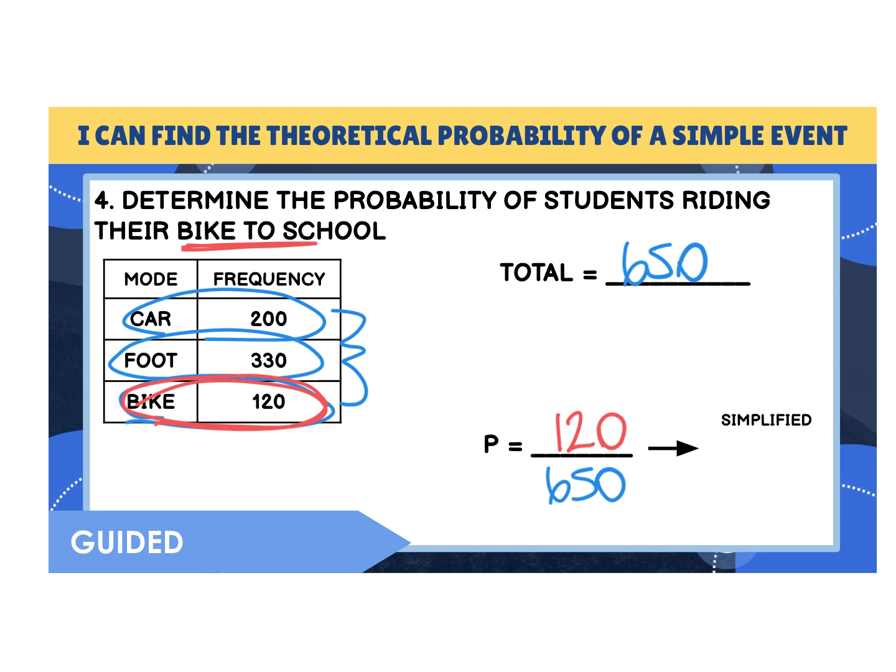You can hit the button simplify, then hit the button enter, and it will simplify it to 12 over 65. Let's see if that simplifies anymore.